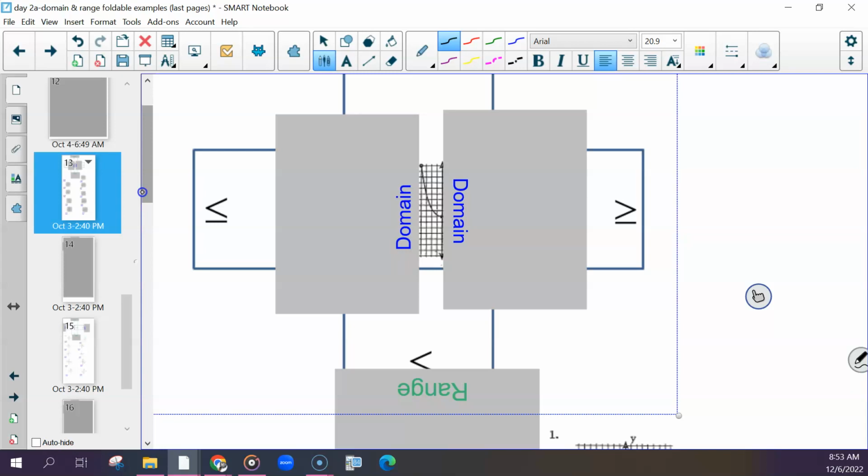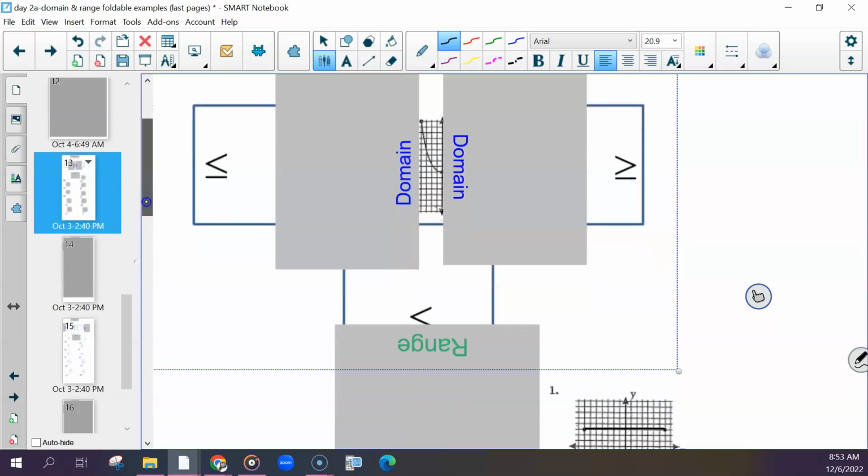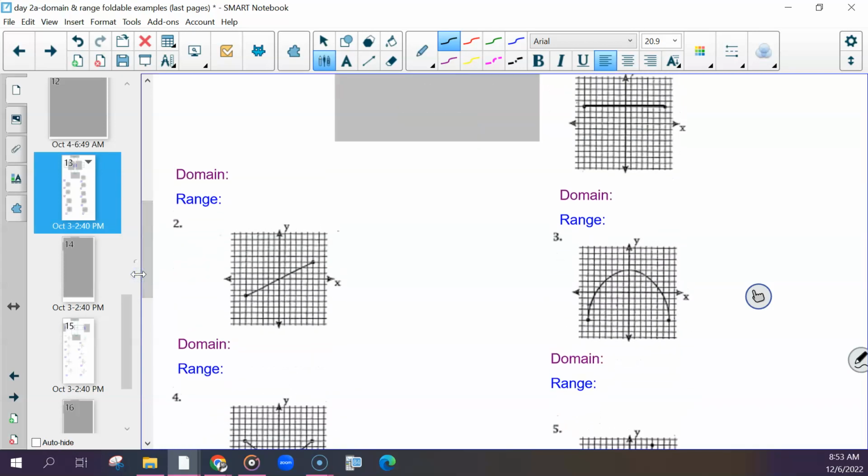So somewhere on your pink sheet, don't write too big, but we're going to write domain and range. The way the notation is set up is going to be using set builder notation, kind of like when we were doing our absolute value equations, but a little different.